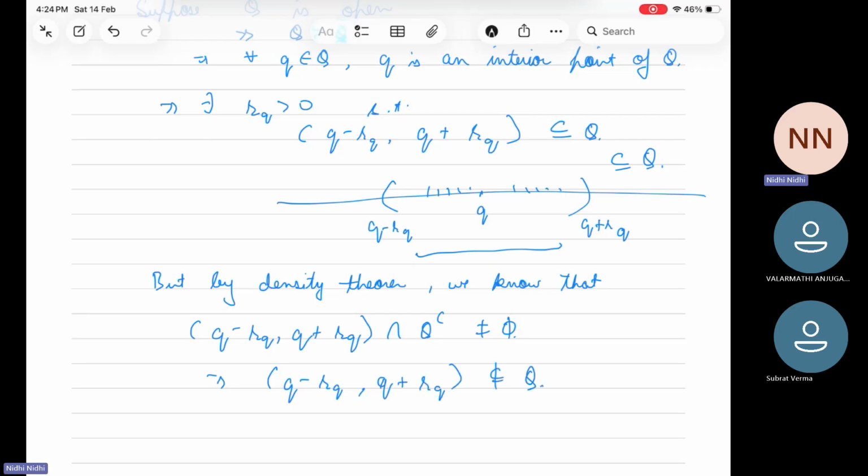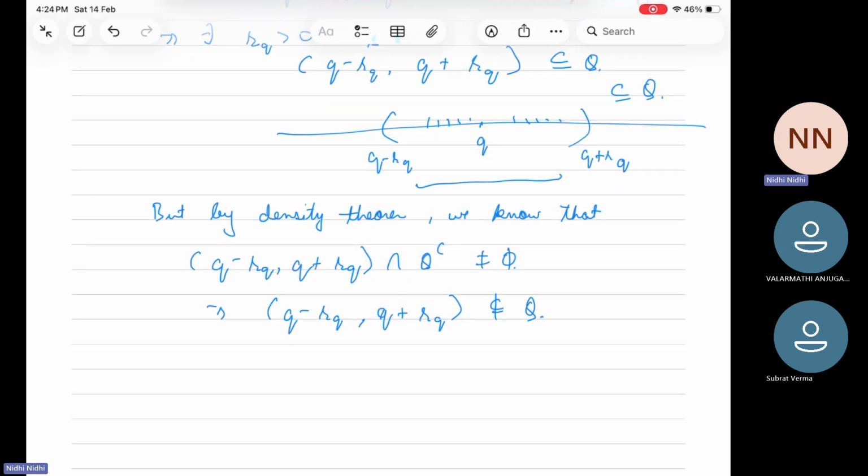Now, this gives us a contradiction. Therefore, by contradiction, q is not an interior point of capital Q, which implies capital Q is not open.